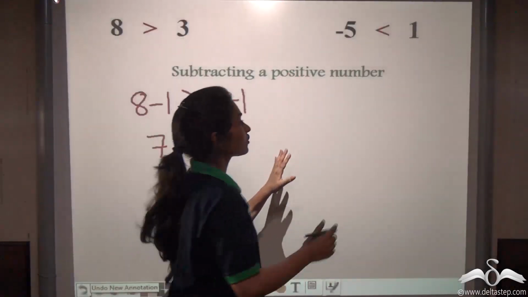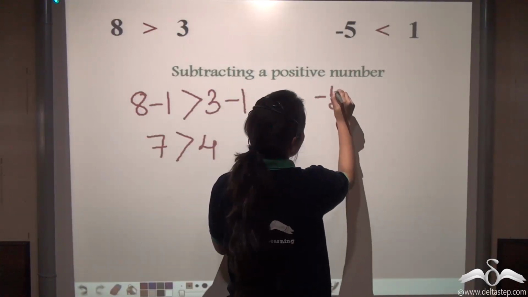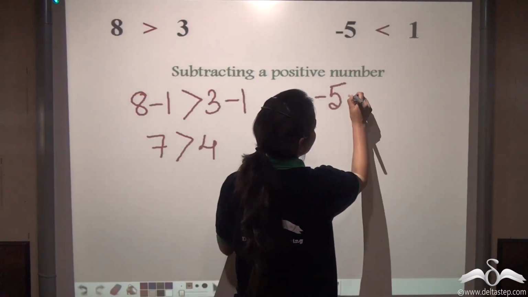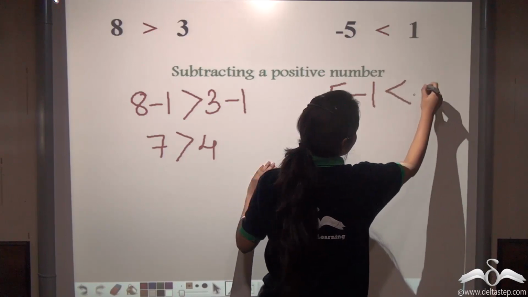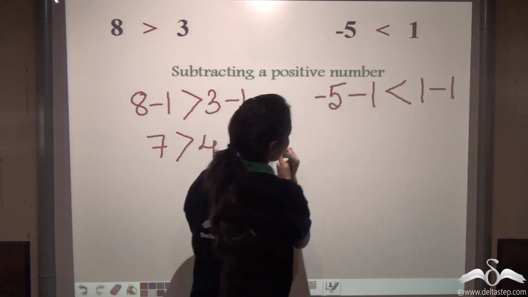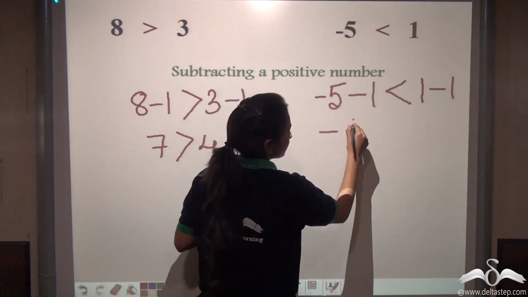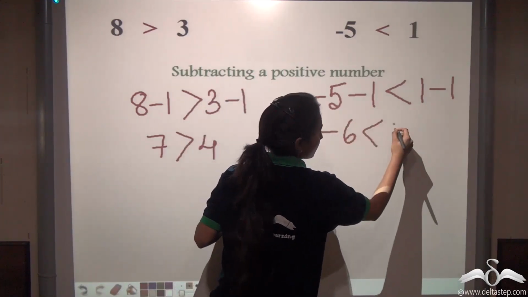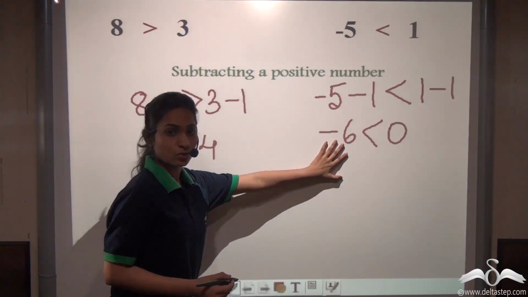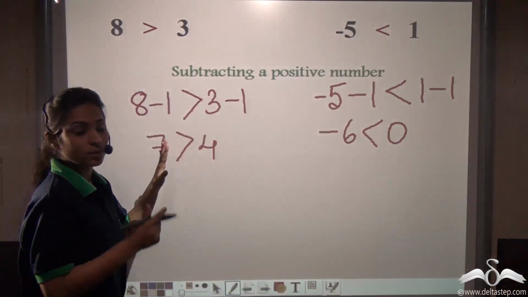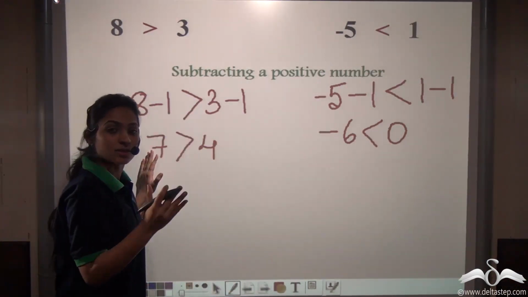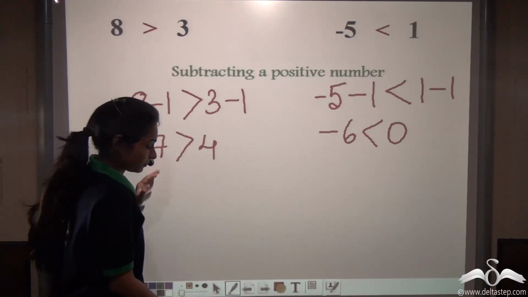Similarly for this, let us solve. Subtracting a positive number. What do you get? Minus 5 minus 1, that is minus 6, is less than 1 minus 1, that is 0. So again this holds true. So subtracting a positive number both sides of an inequation does not disturb the inequation.